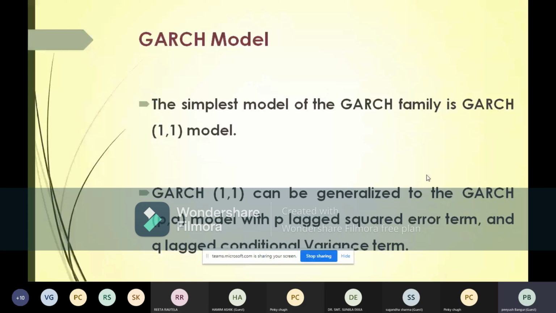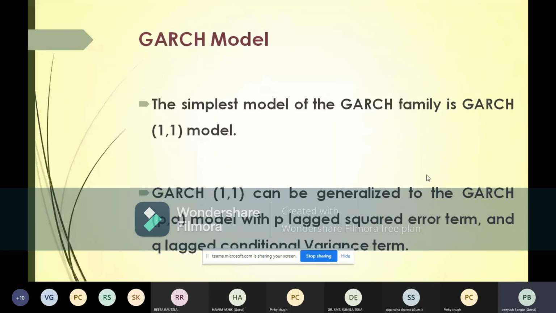But in my view, it is the simplest among the toughest models. It is also not possible to apply the GARCH model very easily. We have to go through a lot of repetitive processes and pursue many things when it comes to the GARCH model.